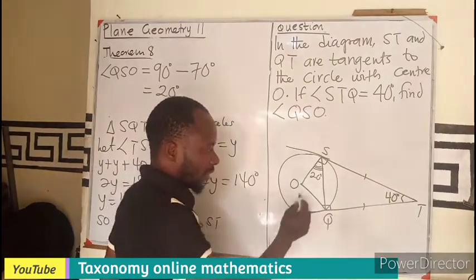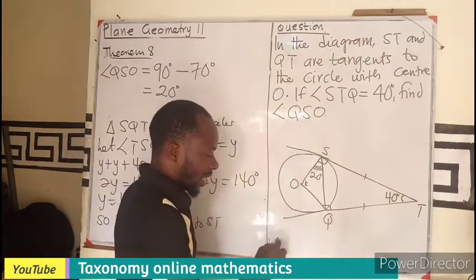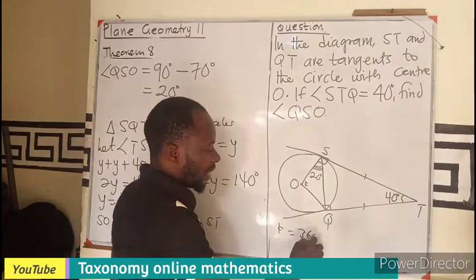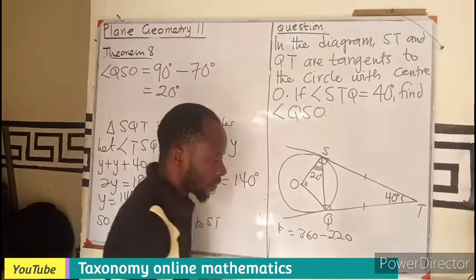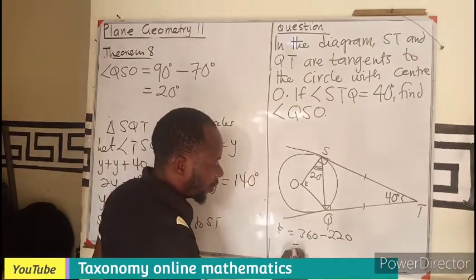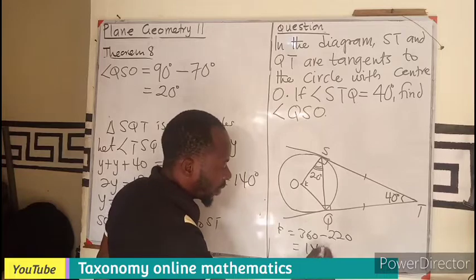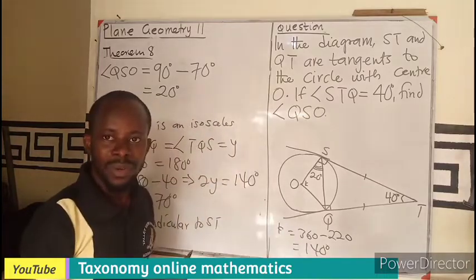So the whole of this, if I put here to be K, K is going to be 360 minus 220. If you subtract that, you are going to have 140 degrees as this angle.